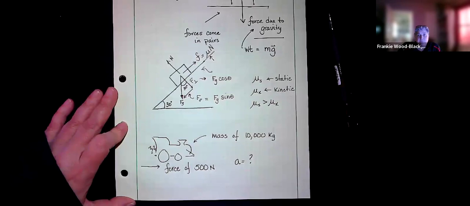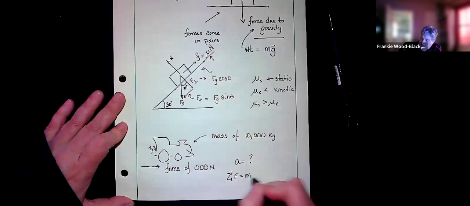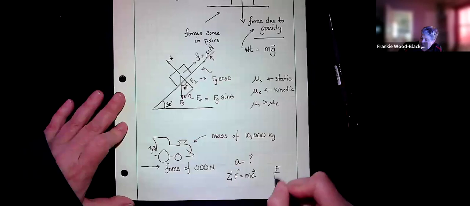This is going to use our special case of Newton's second law. The sum of my forces is equal to mass times acceleration, so the force divided by mass is going to equal my acceleration.